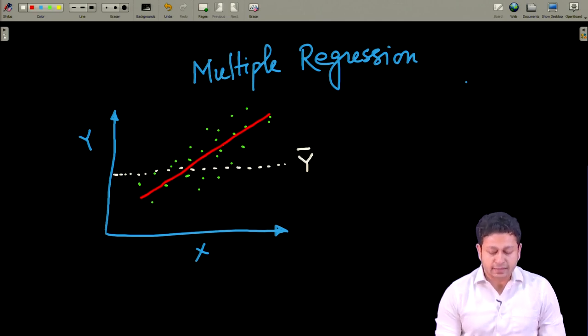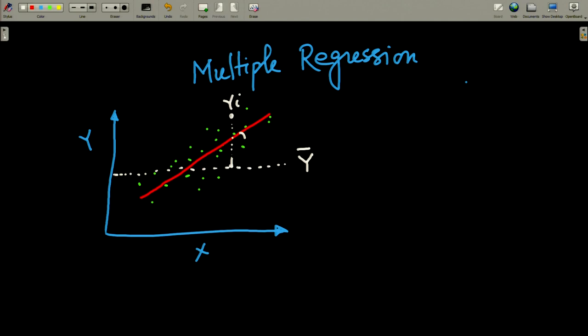Let's say we are talking about this point, and the total distance of, say, yi from y bar is this length. If I divide this total distance into different components, I have this component and I have this component.